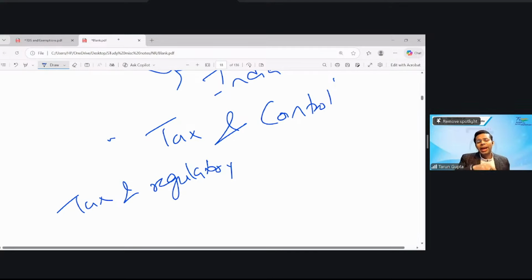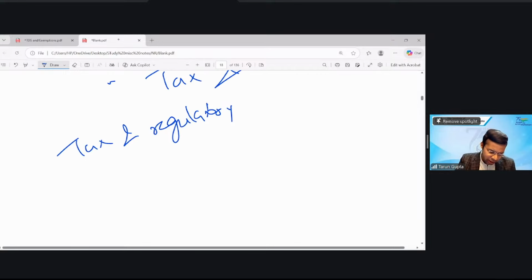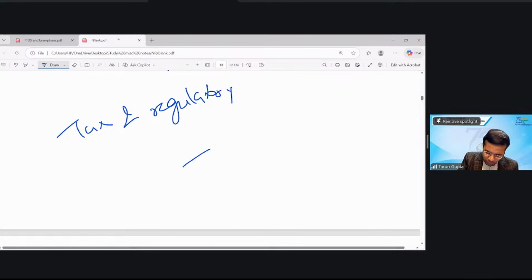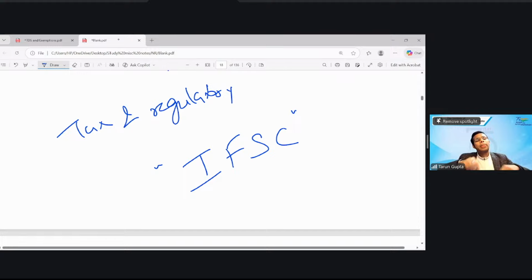So to encourage them, to bring them back to India, the Indian government brought the concept of IFSC. This is a designated area in Gandhinagar city in Gujarat, which, though it's within Indian land, is treated for tax and regulatory purposes as outside India.